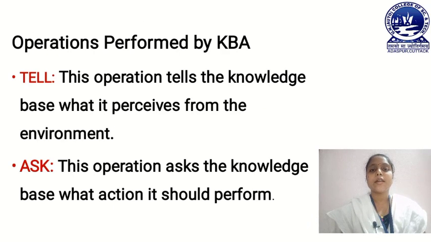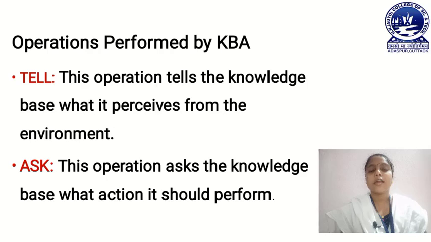Next, operations performed by the knowledge-based agent. A knowledge-based agent basically performs two operations. One is the tell, another one is the ask. The tell operation always tells the knowledge base what it perceives from its environment.